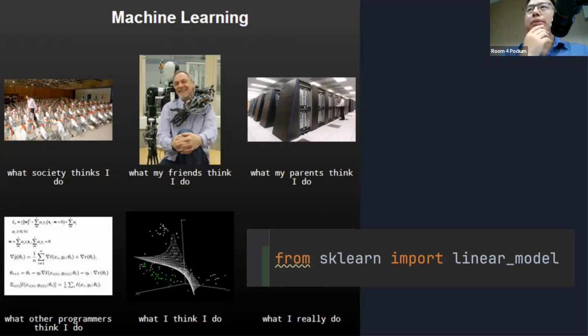My colleagues think that there's all that math involved, that it's kind of a science. And I think I'm doing a data science project, but what I really do is just write a bunch of small Python code, using a library which the whole community is working on, and just write 10 lines of code to feed the data in, and that's it. That's what we do.